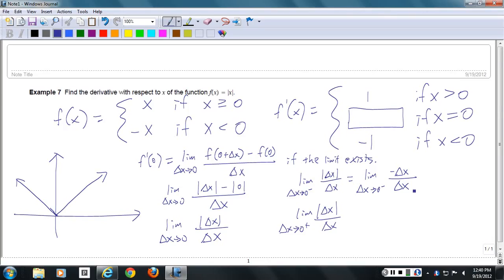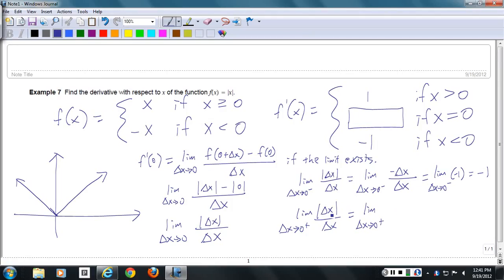But now that we know it's negative, we can remove the absolute value bars and write it. So this is the limit as delta x approaches 0 from the left of -1, and the limit of a constant is that constant. So -1. Over here, this equals the limit as delta x approaches 0 from the right.